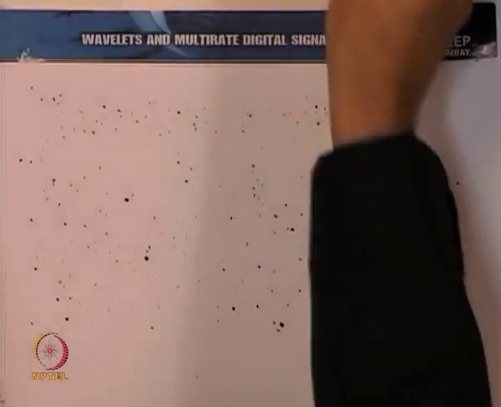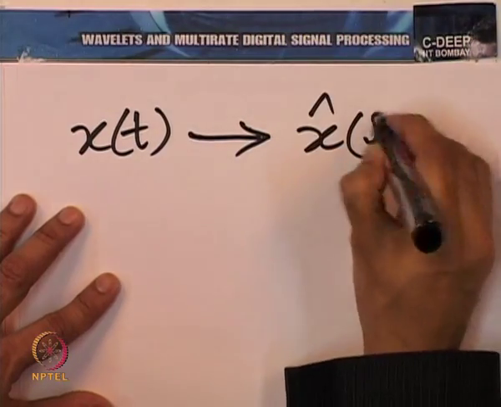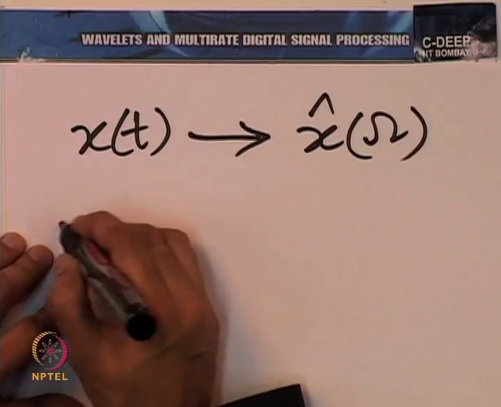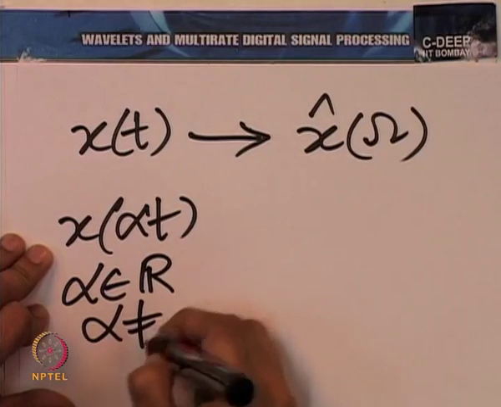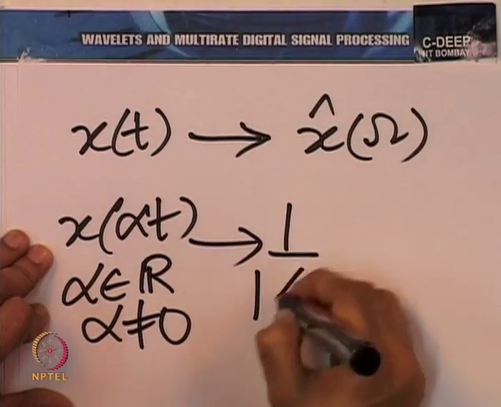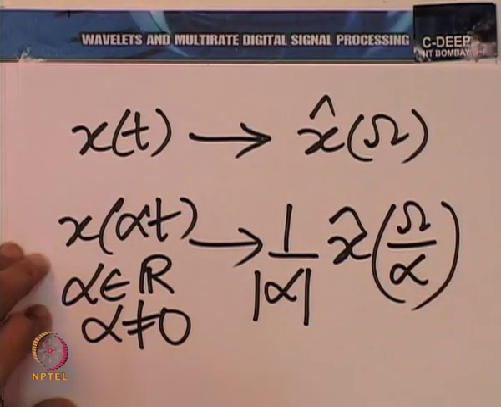You will recall that when we scale the t variable by alpha, the Fourier variable capital omega is scaled by 1 by alpha, but there is also a 1 by mod alpha factor that emerges outside. So, what we are saying is, if x t has the Fourier transform x cap omega, then x of alpha t with alpha a real number, alpha not equal to 0, has the Fourier transform 1 by mod alpha x cap omega by alpha. Here it is alpha, here it is mod alpha.